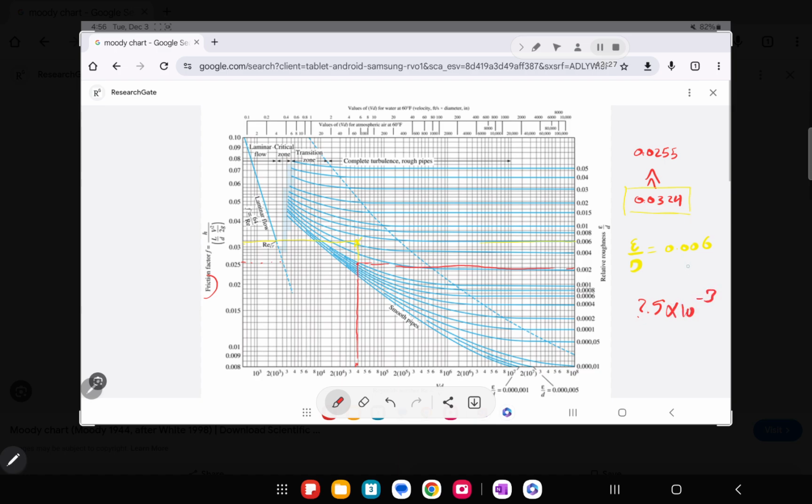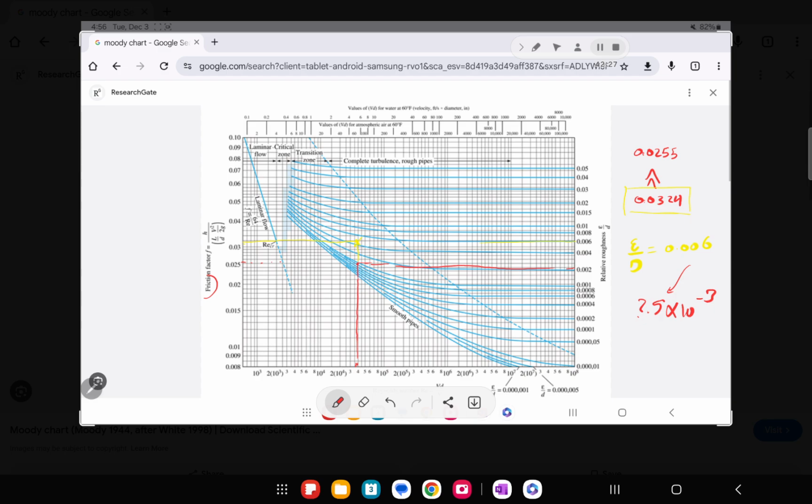So it's greater than twice actually. So it means that this pipe is too old. It's an old pipe, a pipe with a higher roughness.